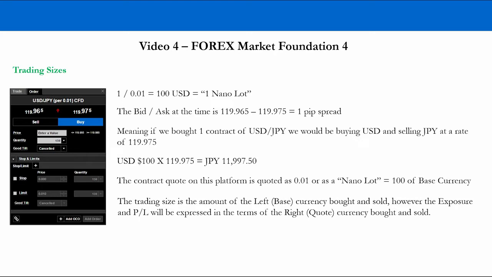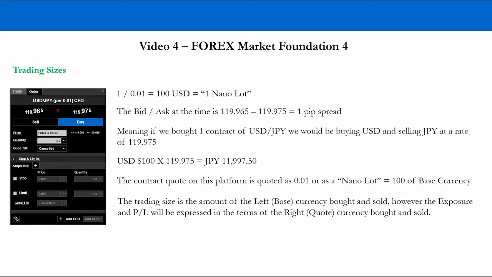So we know that if we work this out, $100 times 119.975 is equal to 11,997.5 yen. So again, the trading size is all in the amount of the left currency, the base currency that's bought and sold. However, the exposure and P&L is expressed in terms of the right currency, the quote currency that's bought and sold.